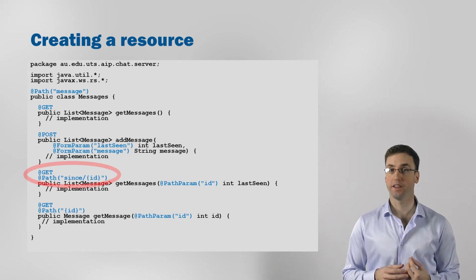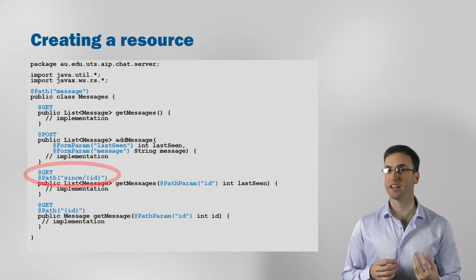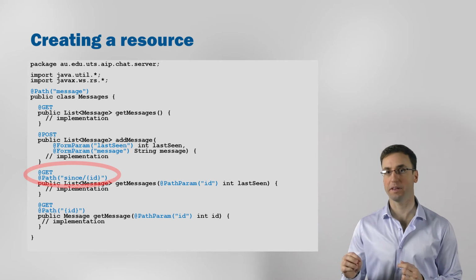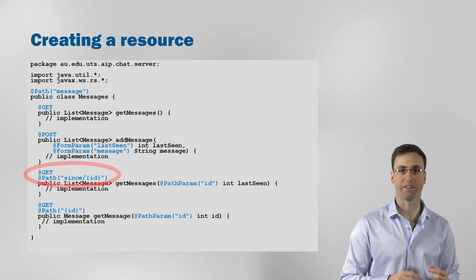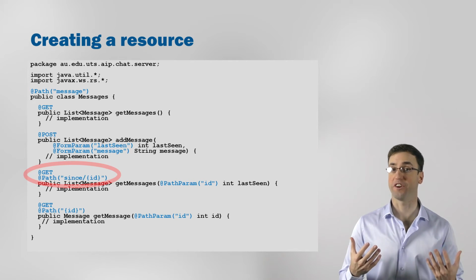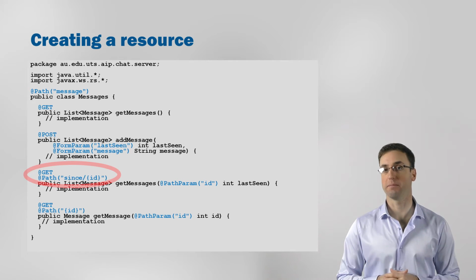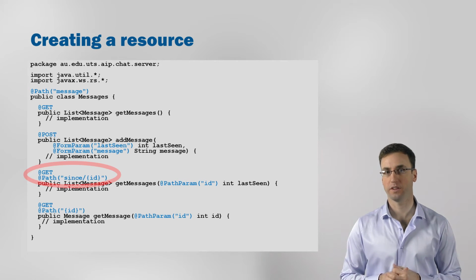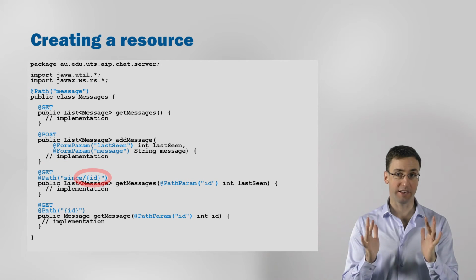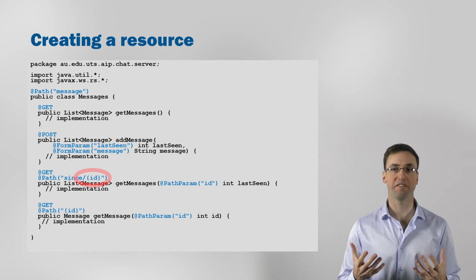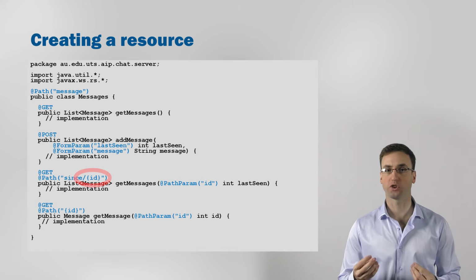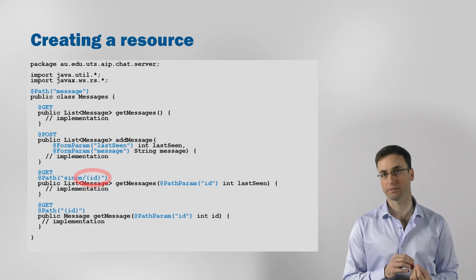So for example, the getMessages method is used to handle a path such as API/message/since/45. The code might return a list of messages since the ID number 45. You'll notice that this method has a bit in curly brackets. This is a wildcard. It matches any value in the URI and then stores it in a parameter named ID.